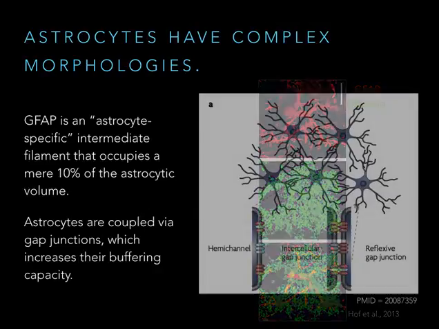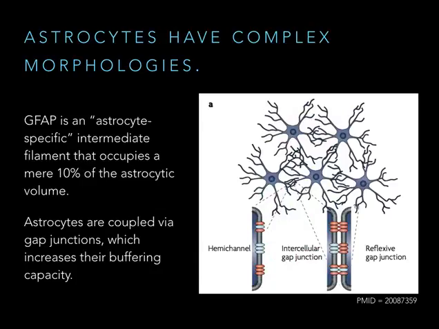In fact, they form very large networks containing numerous astrocytes, so that whenever one astrocyte picks up a neurotransmitter, it can then send that throughout the entire astrocytic network to increase the buffering capacity. So rather than just having one sponge to soak up the glutamate, you now have hundreds of sponges, which means you can soak up a whole lot more glutamate.